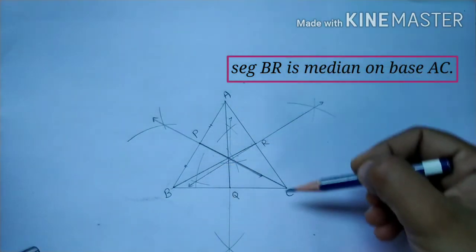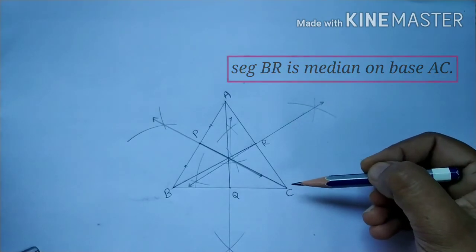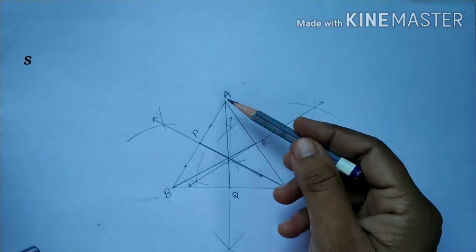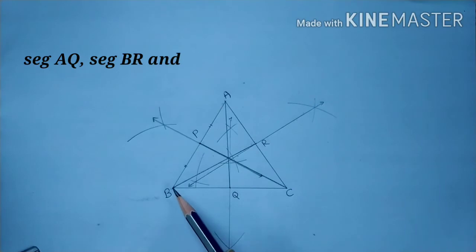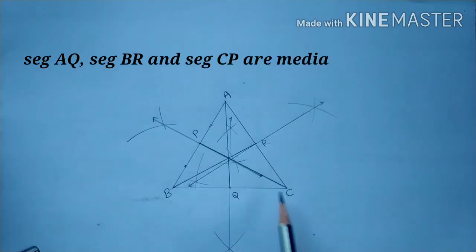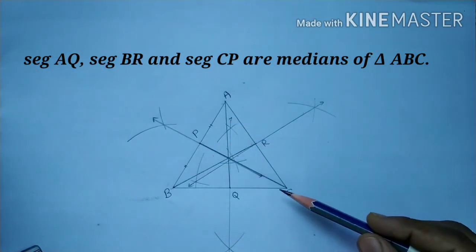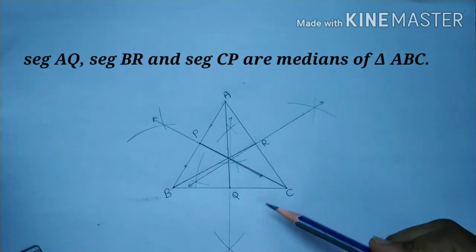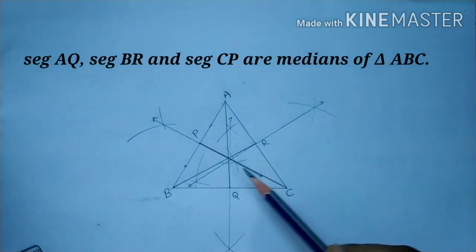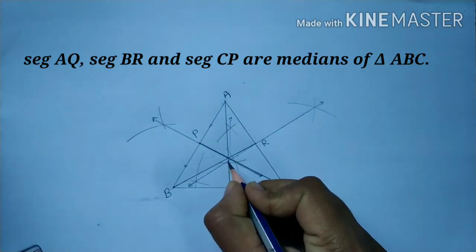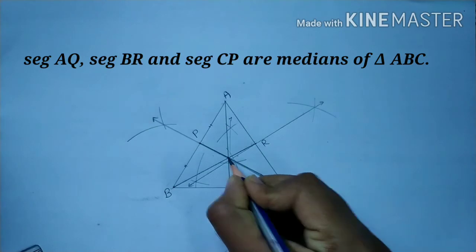on base AC. That means segment AQ, segment BR and segment CP are medians of triangle ABC. Observe this figure carefully. These 3 medians pass through the same point.